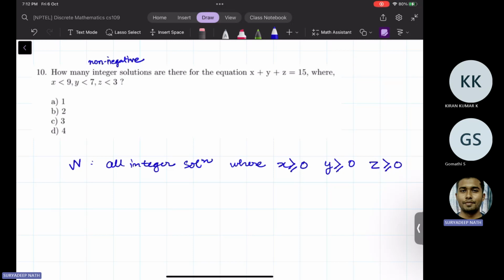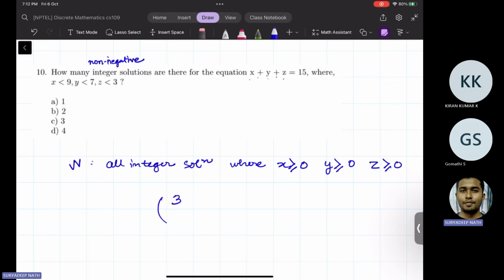So that's why we are counting n as all integer solutions where x, y, and z are greater than or equal to 0. That would basically be a sticks and stones problem. We have three numbers, and we'll have to place two plus signs. So we have two sticks, two plus signs, and three numbers.